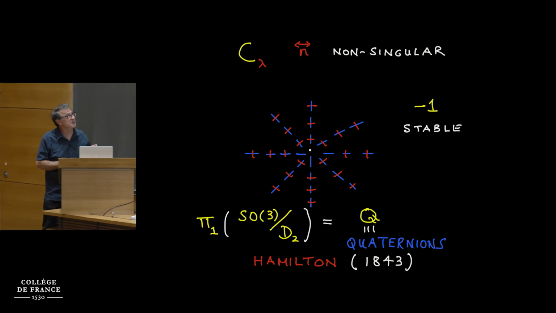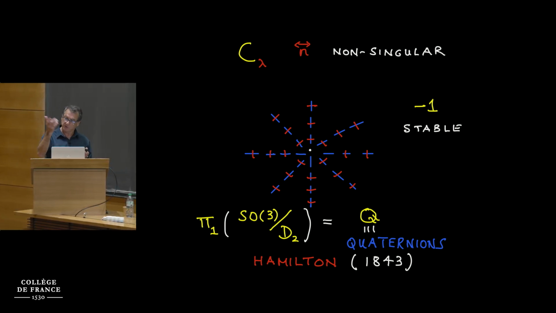Mathematically, if you compute the first homotopy group for biaxial nematics, you have SO3 or S2, rotations in 3 dimensions, and then you have to mod out by this brick-like structure, the 3 non-trivial symmetries of a brick, a rectangular box.